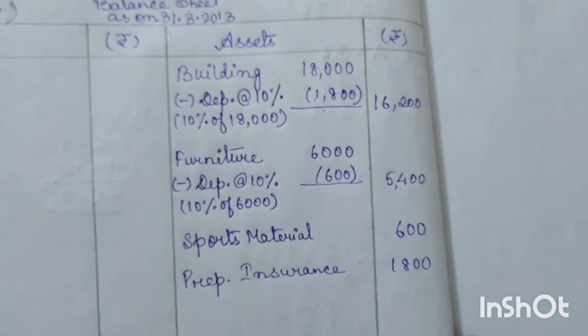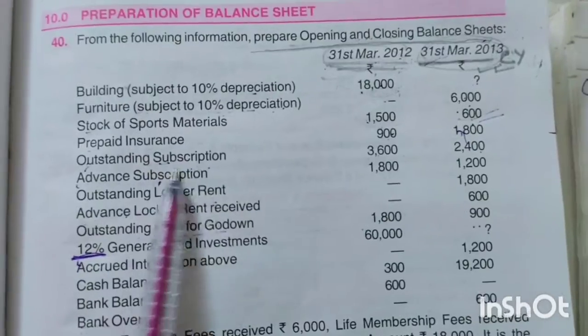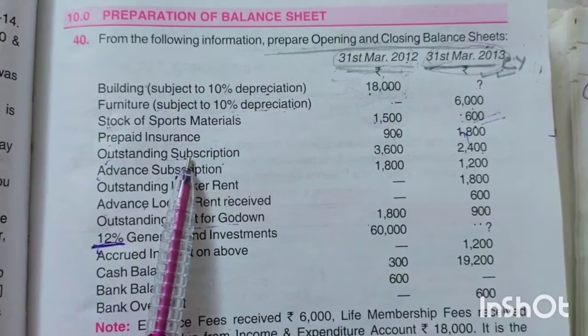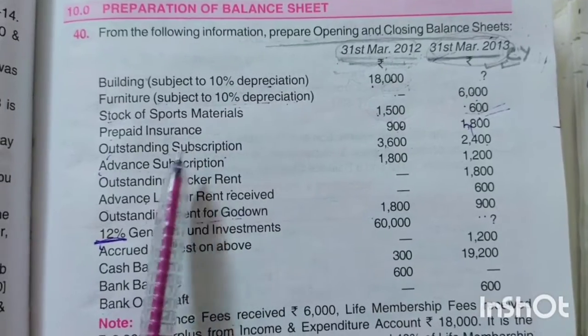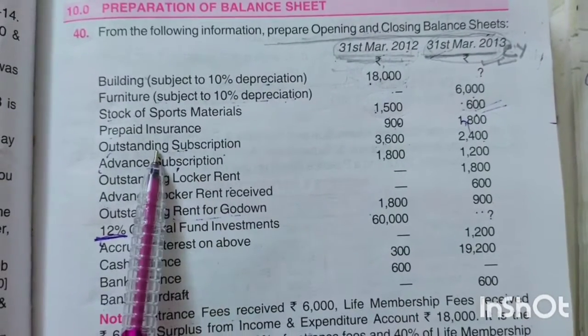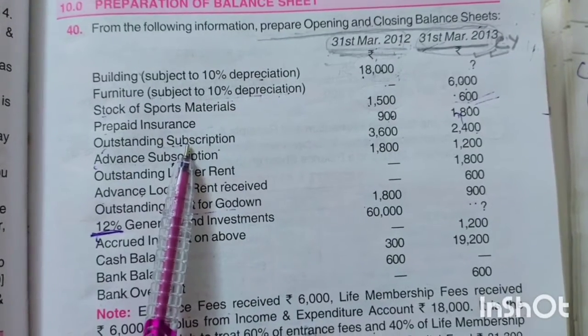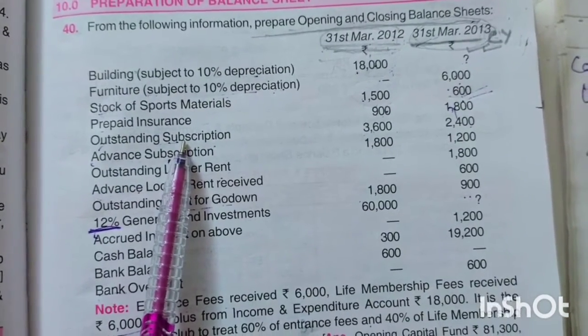Okay, clear? Now the next item we have is outstanding subscription. As we all know, subscription is an income. Whenever any income is outstanding, outstanding income means any income which you are supposed to get but have not got yet.